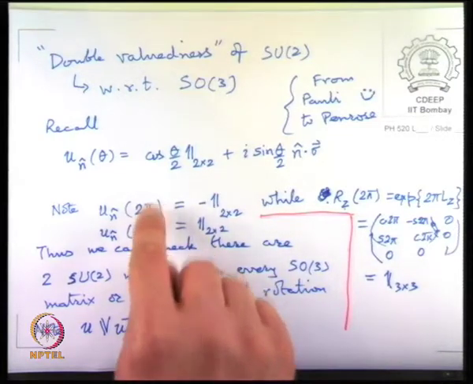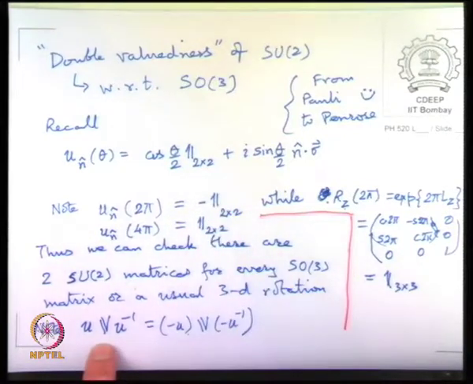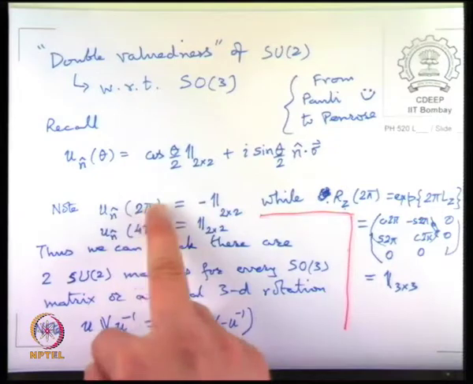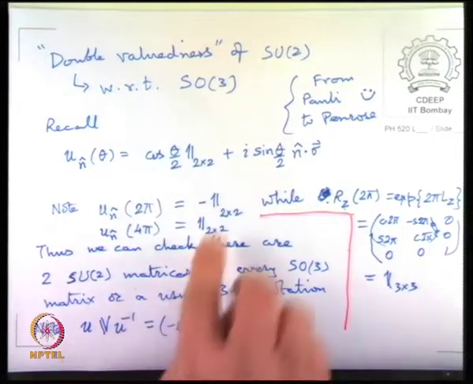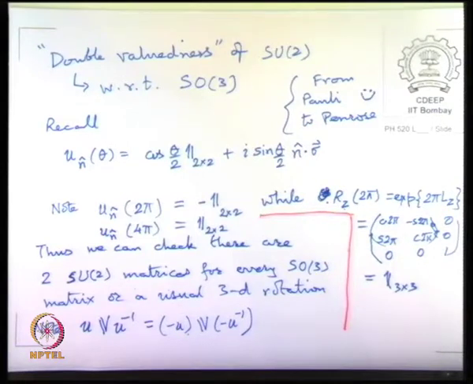Both the 2 pi value and 4 pi value will look like identity operation as far as the V matrices are concerned. Whether you put U of n cap 2 pi, which would give minus 1, it will look like an ordinary rotation of a 3D vector, and so will 4 pi.